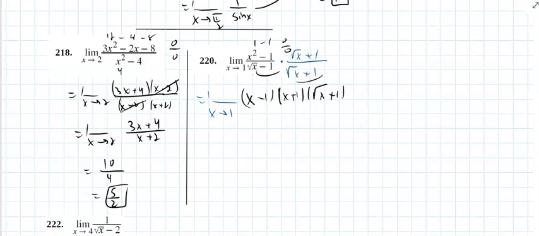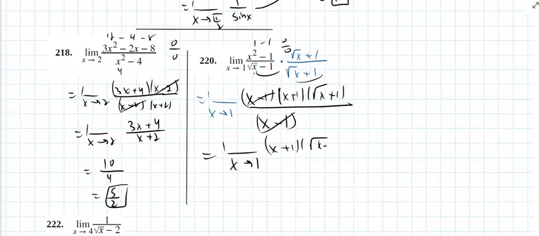The denominator, since those are conjugates, you get the first squared, which is x, minus the second squared, which is 1. Those cancel out. You're looking at the limit as x approaches 1 of x plus 1 times the square root of x plus 1. Substitute x equal 1, you get 1 plus 1 into 1 plus 1. 2 times 2 is a 4.